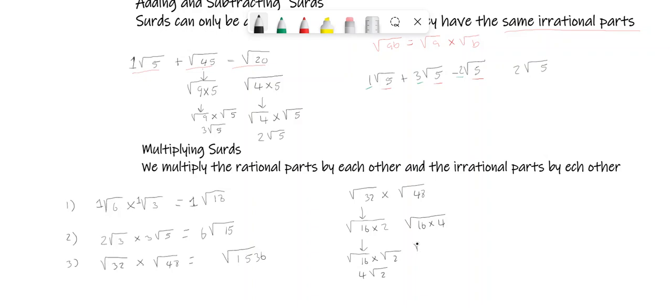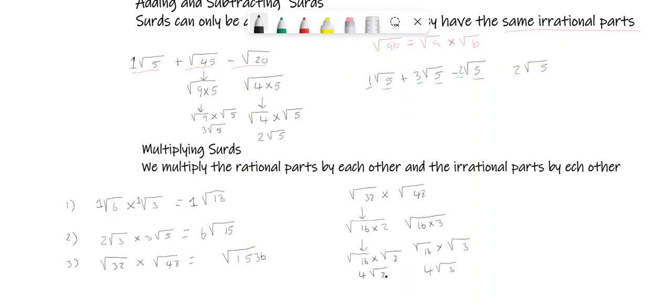And then we can write that as the square root of 16 multiplied by the square root of 3, and that's going to be equal to 4 multiplied by the square root of 3.